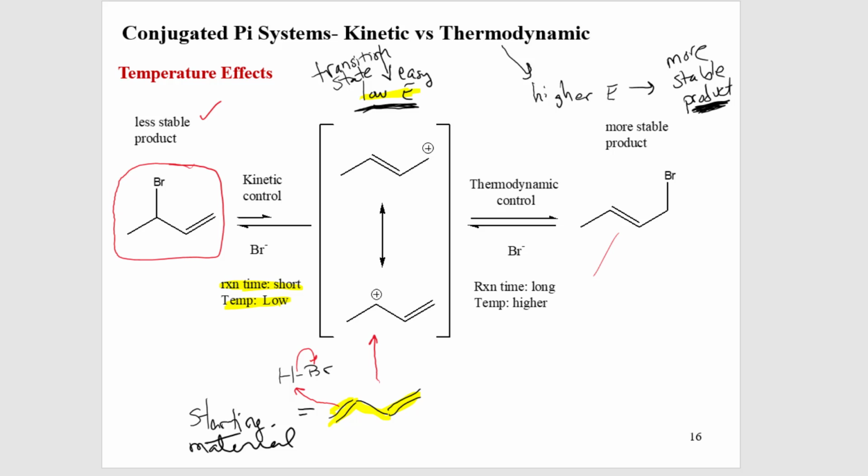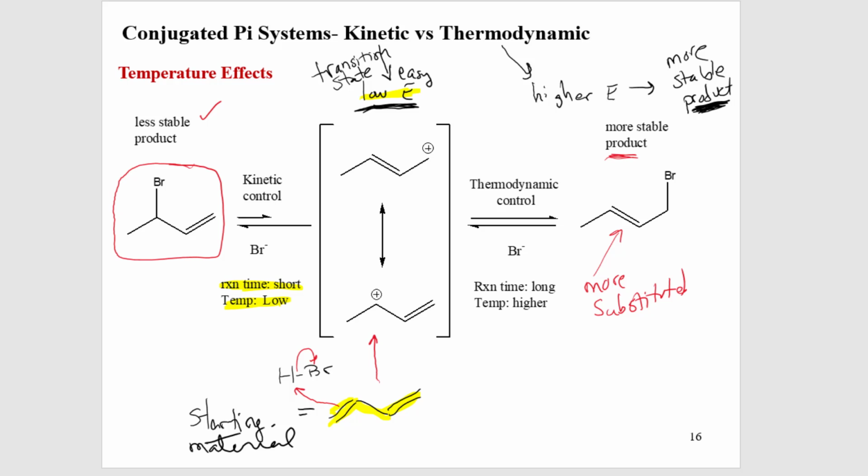Why? Because the double bond is more substituted. But this isn't where the double bond was, right? So there had to be some resonance stabilization, and then find the more stable situation. This might take more energy, but it'll lead to a more stable product. So this would be thermodynamic control.